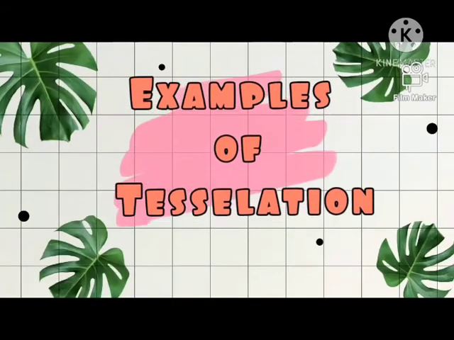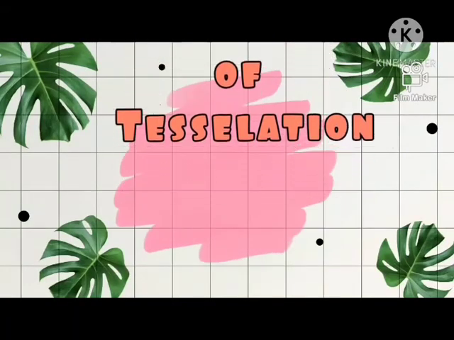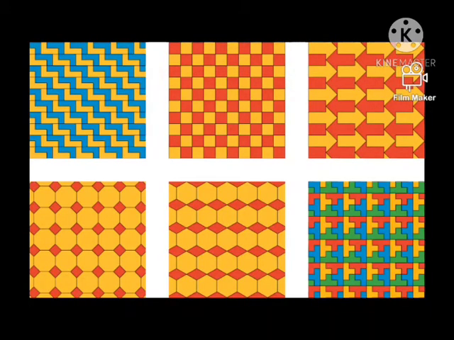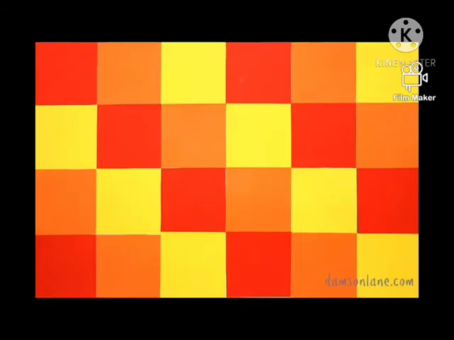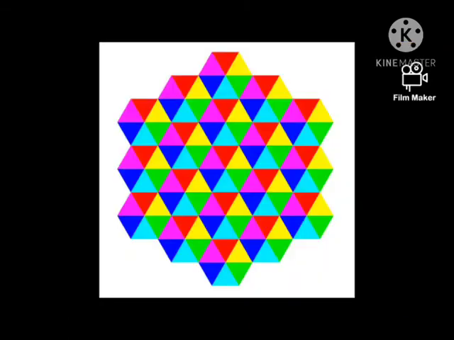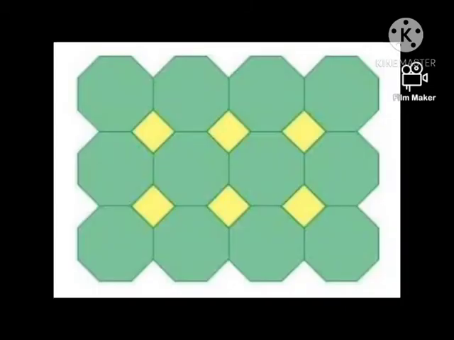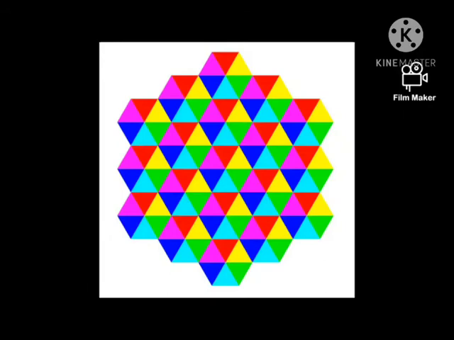Examples of tessellation. The tessellation can either be made with a single 2D shape or combination of more than one 2D shapes.